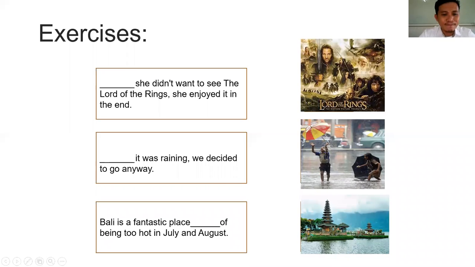Okay, please Ripai. Even though it was raining, we decided to go anyway. Okay, is it right or not? Is it a correct or incorrect sentence? It is a correct sentence, right?